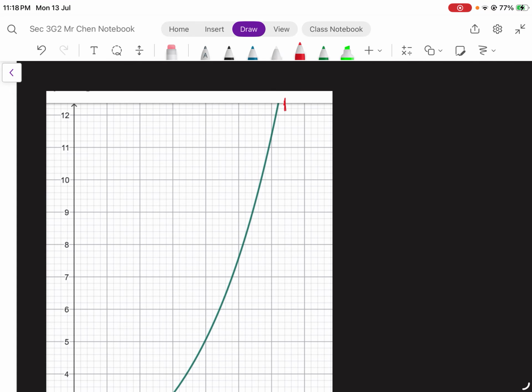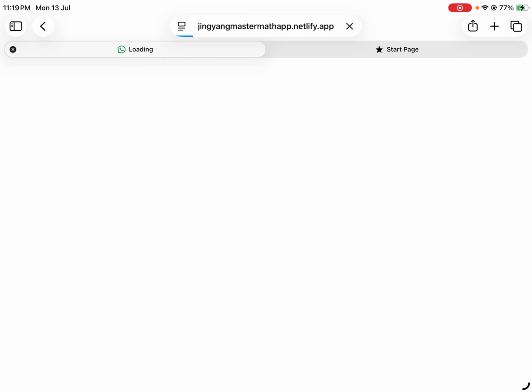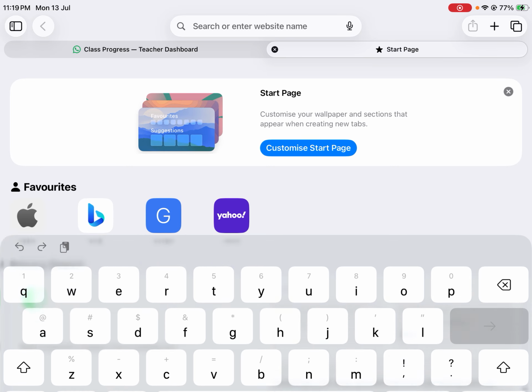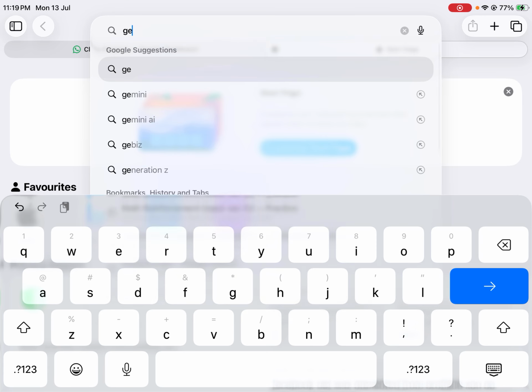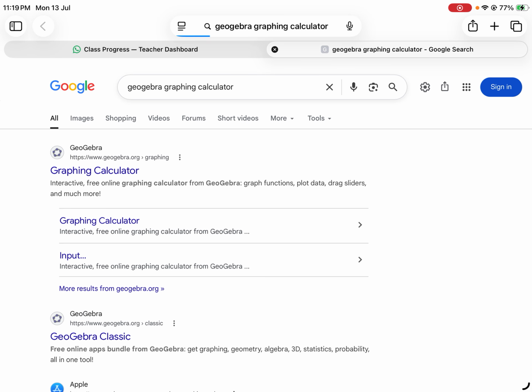Alright, let's go to GeoGebra instead. Okay, GeoGebra. Graph.